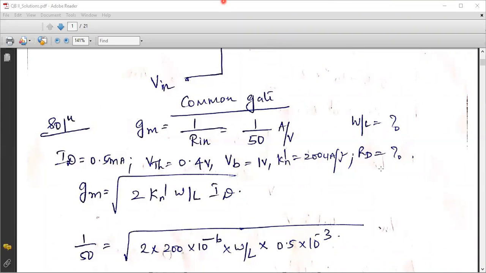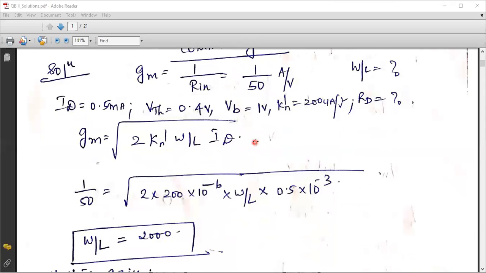Yes, what is the answer? The answer is 2000. The aspect ratio is 2000. Yes, very good, Umadev.